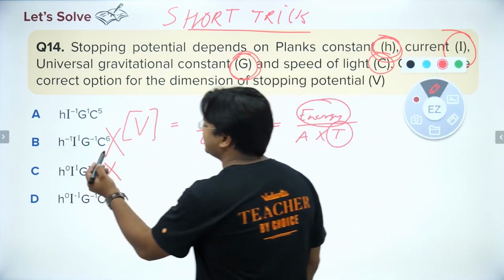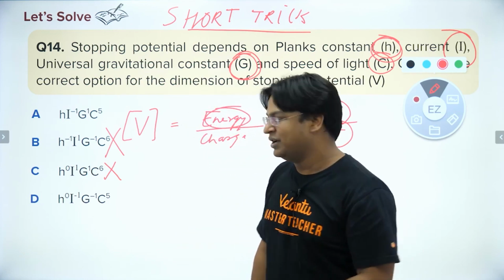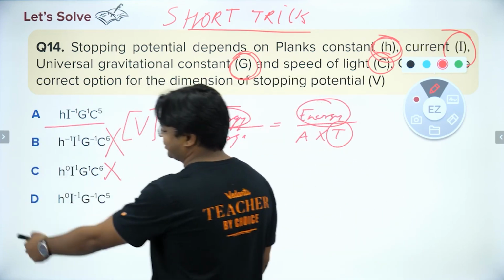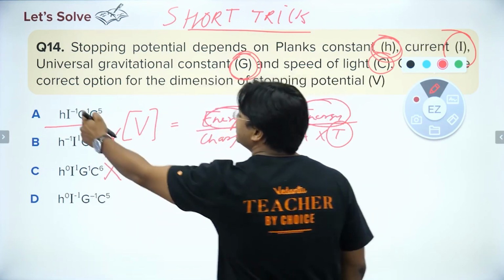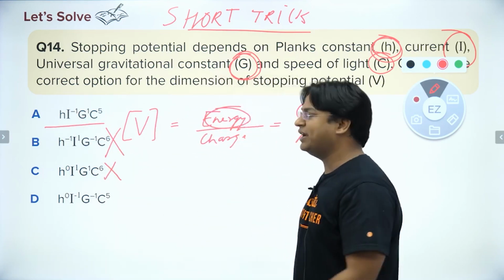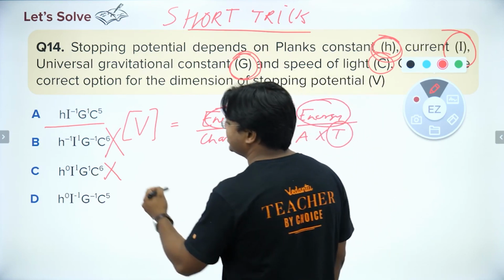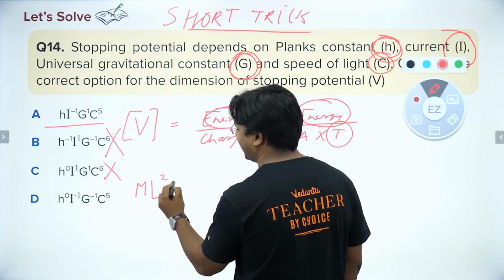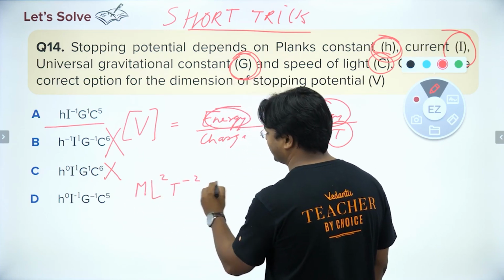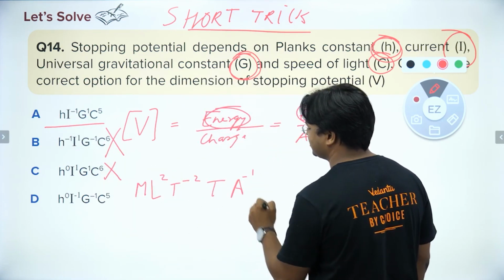For example, since I know the answer to this question, I will deliberately choose the other one. The correct answer to this question is option D, but let's try this one. h is energy upon frequency, so it's energy into time. Energy is mL square T minus 2, into time. That's h. I inverse is ampere minus 1.